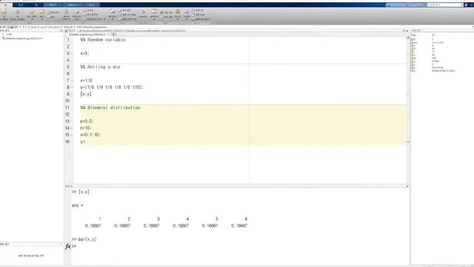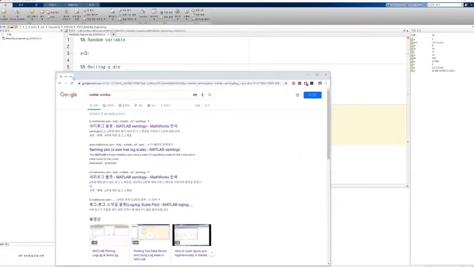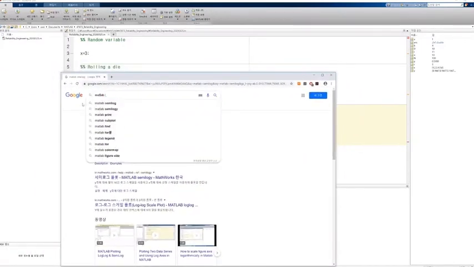MATLAB is very useful here. So MATLAB and binomial.